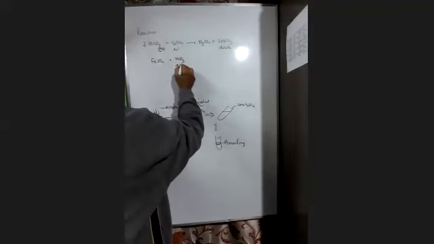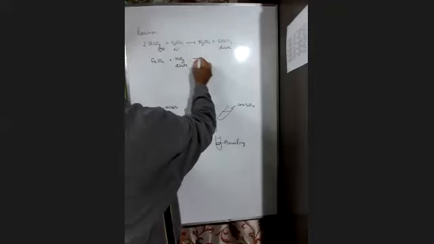Then you have added here ferrous sulfate. And here you have added dilute nitric acid. So now you know it very well. Dilute nitric acid gives you what? Nitric oxide.